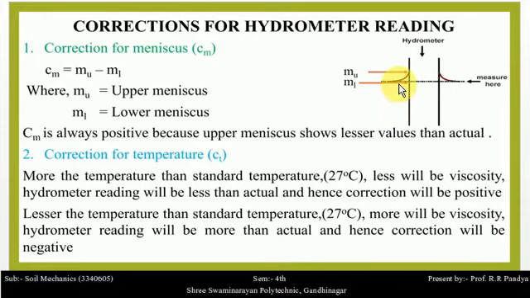A meniscus is a phenomenon which can occur due to the frictional boundary of the jar, either glass or metal, to the fluid. Due to the frictional forces, the fluid will stick to the glass so that it will move in the upward direction and make some concave slope.